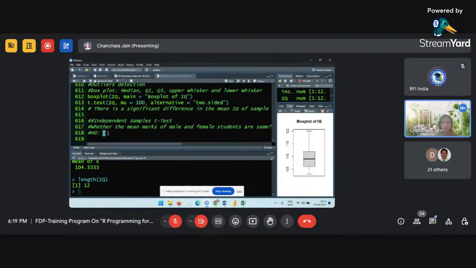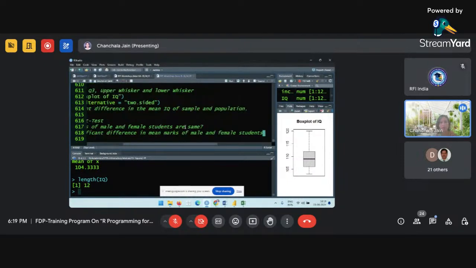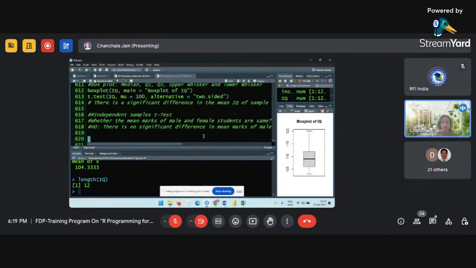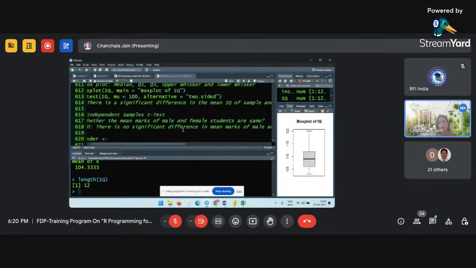So I'll write here, there is no significant difference in the mean marks of male and female students, right? This will be my hypothesis. Now as it is quite clear, we need to have two vectors. So two vectors will be one for marks and second for gender, right? So I'm making my first vector, that will be a character vector.